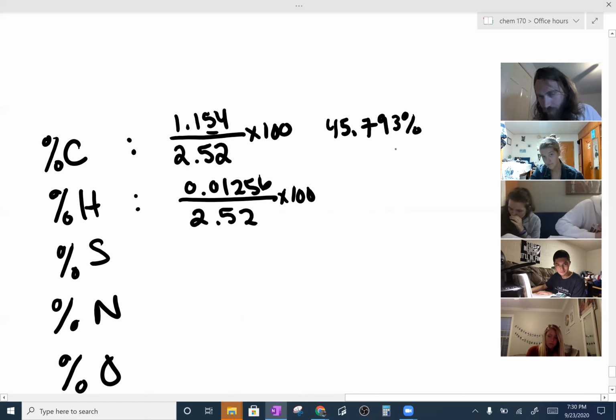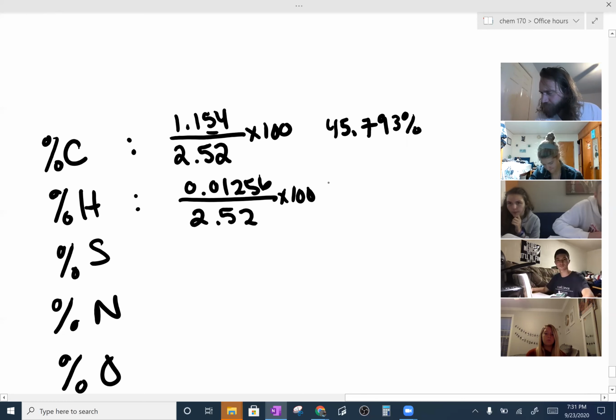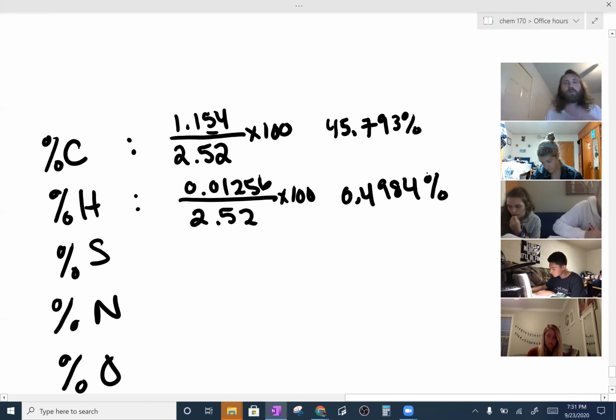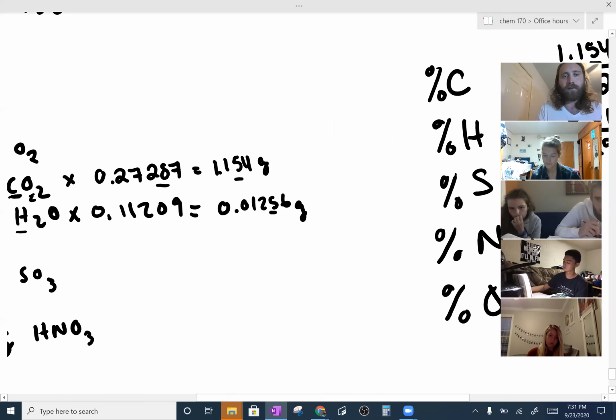That is equal to 0.4984% hydrogen. Okay, moving on. Let's look at the next experiment to see if we can figure out sulfur.